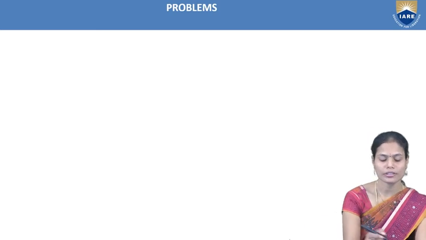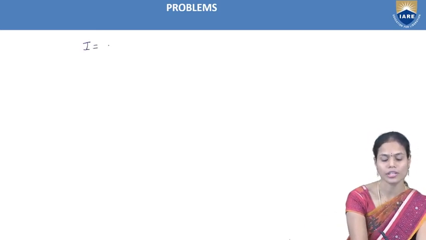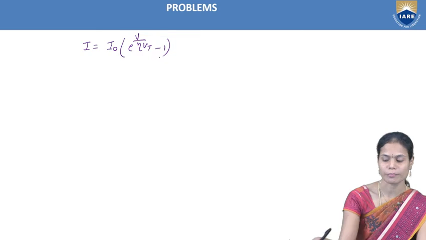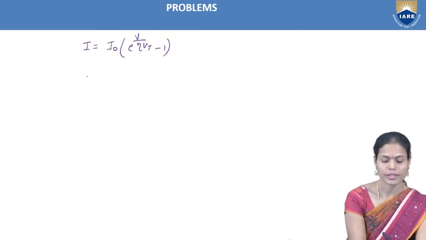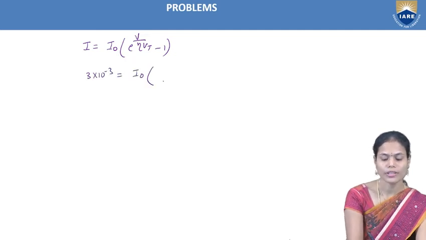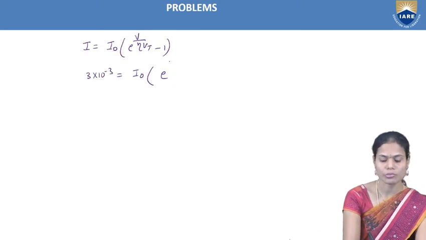To calculate the reverse saturation current, again I am taking the current equation, that is I equal to I naught into e power V by eta Vt minus 1. Here the I value is 3 milliamps, that is 3 into 10 power minus 3. I naught we don't know. V is the given value, 0.7 volts.